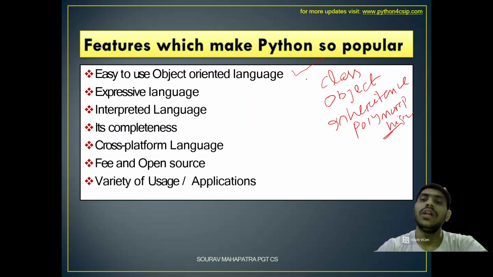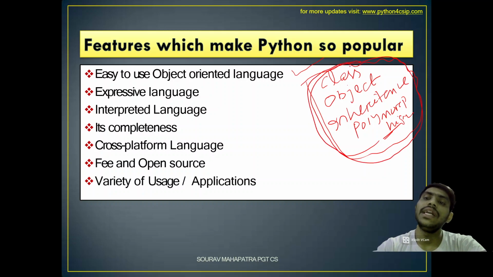These are the different concepts you will get. It is not in the particular syllabus, but it is a real life based concept. You use it in real life when you develop some project. At that time, you use all these concepts.